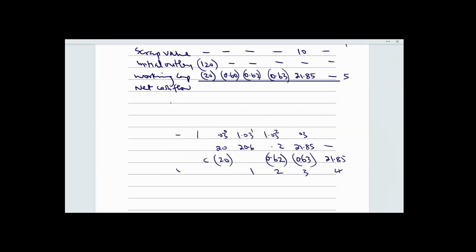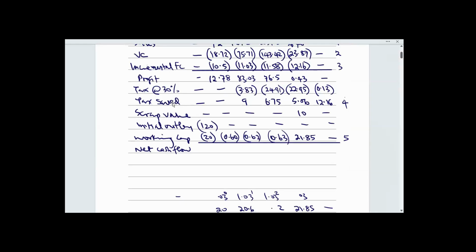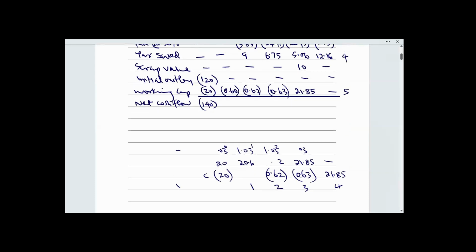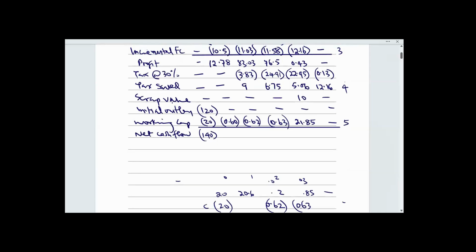So let's go back. Somebody should get me the net cash flow for each year. Of course, this one is 140. What about year 1? 11, no, 2 decimal places. That will be 12.18. Isn't it? That's 12.18. You know, we are recalculating.